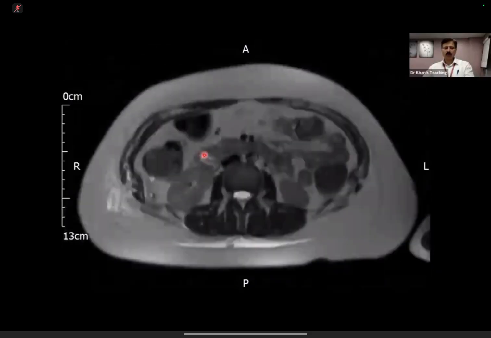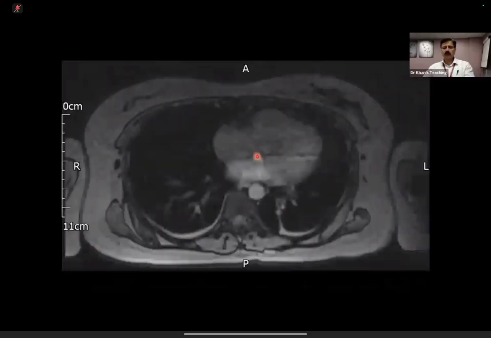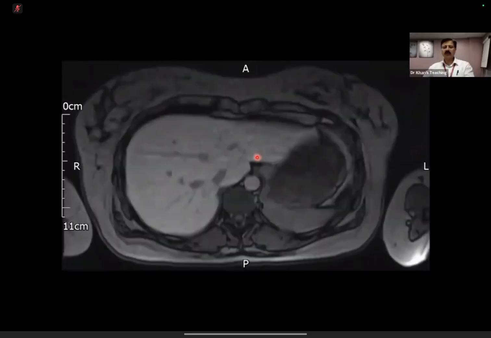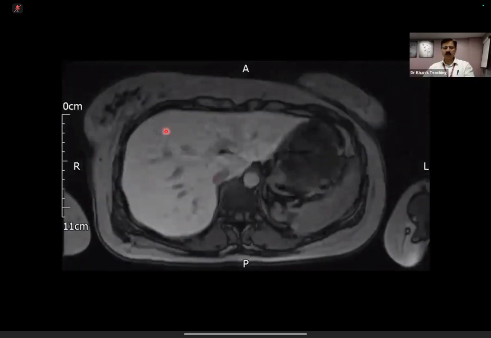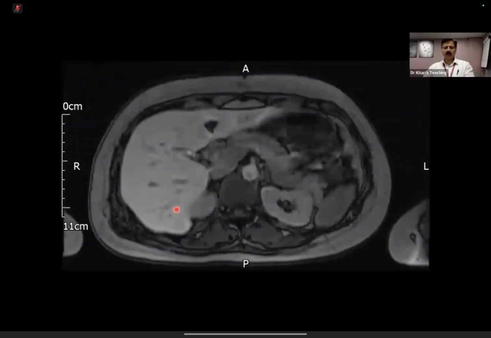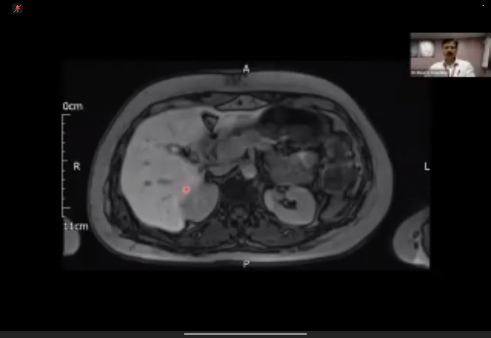Then we have this 20-minute delay hepatobiliary phase, and you can see how the liver looks in 20 minutes. The vessels, etc., are not all that bright, but the parenchyma still retains the contrast.